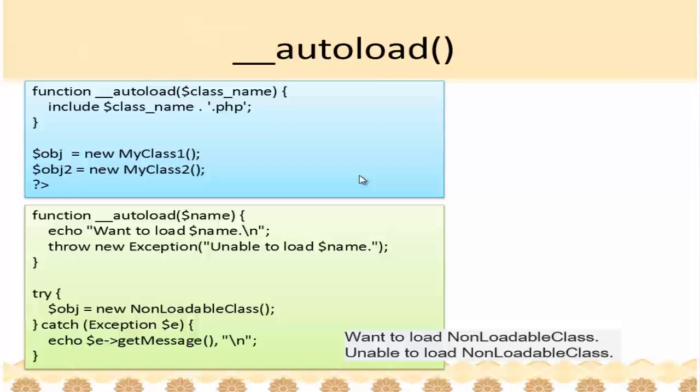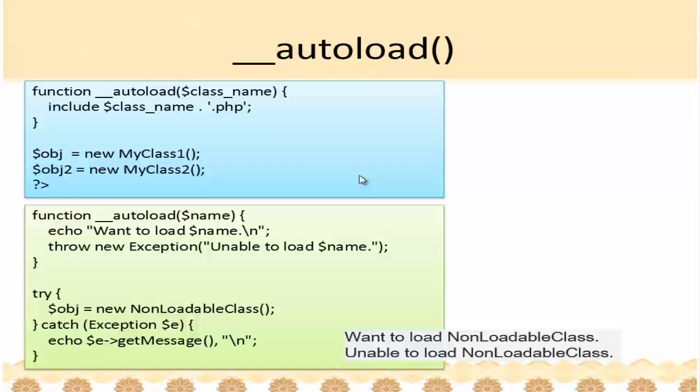The way in which I do it is I use this method, and then I write how it has to be included: __autoload, with the name of the class. If you are using the general convention, then you take the name of the class plus .php. The file is stored with the name of the class along with the file extension .php. Whenever somebody calls, say, MyClass1 and it is not included, automatically this is called and it will be included.